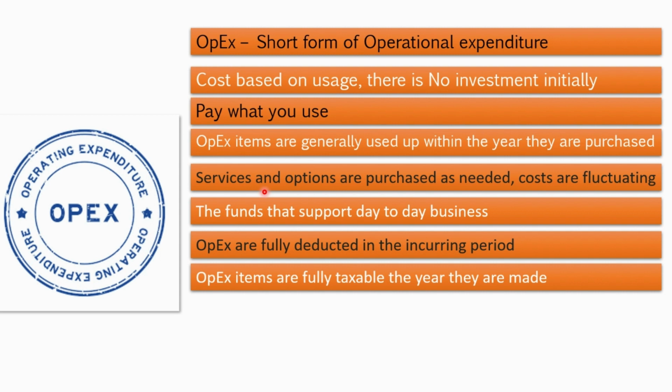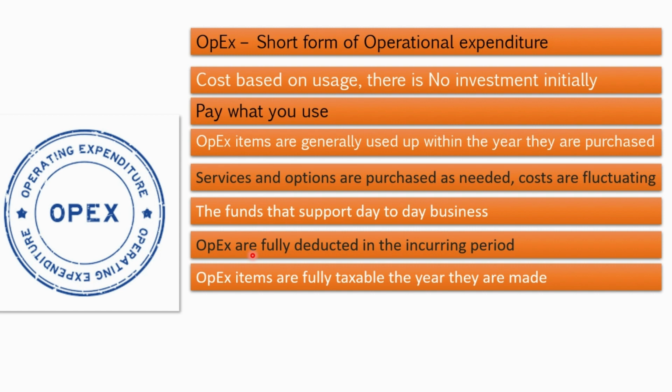Next, OpEx are the funds that support day to day business. Say, for example, buying consumables for running day to day operations comes under OpEx. The expenditure under the OpEx bucket is fully deducted in the incurring period.